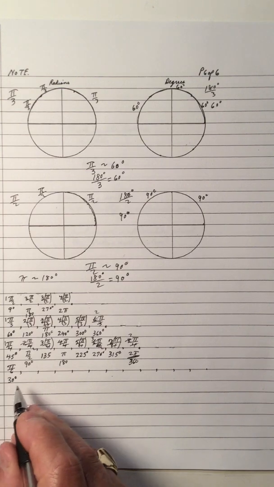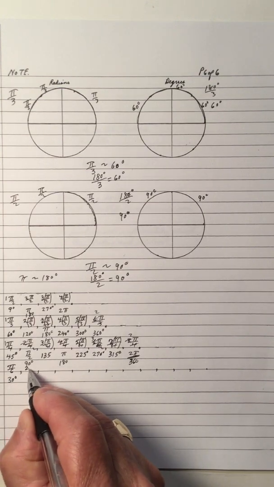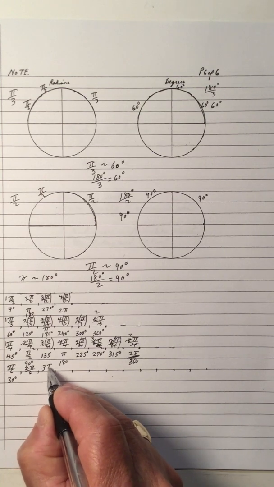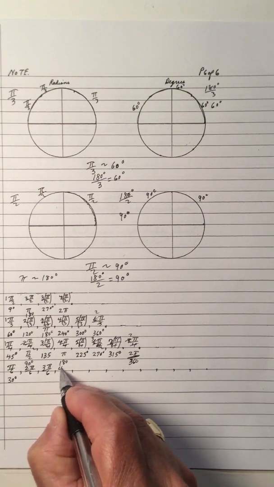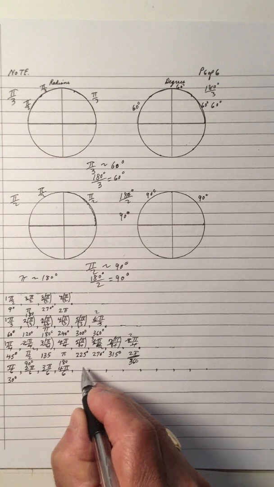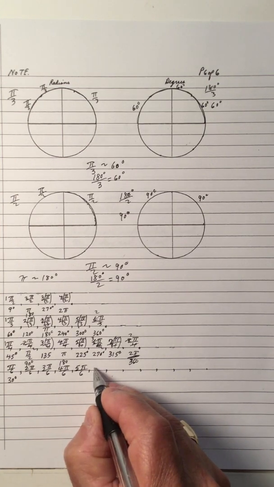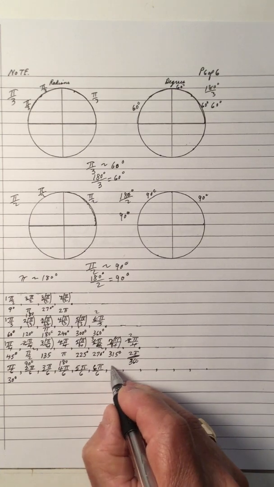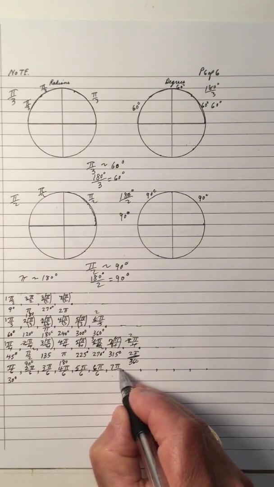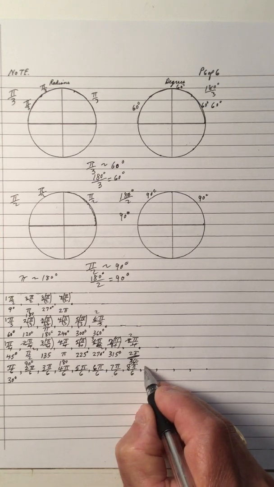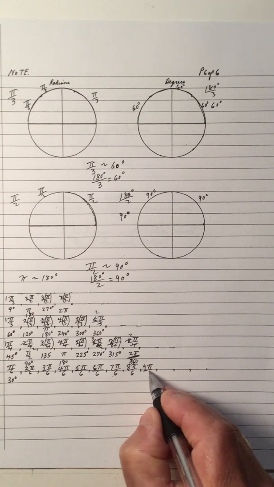So that means we should have 12 of these. We should have 2 pi over 6, 3 pi over 6, 4 pi over 6, 5 pi over 6, 6 pi over 6. We keep going: 7 pi over 6, 8 pi over 6, 9 pi over 6.